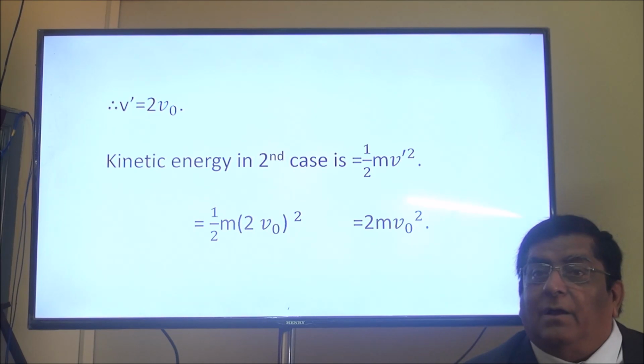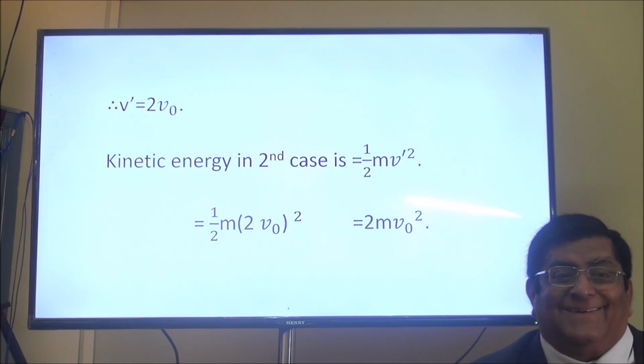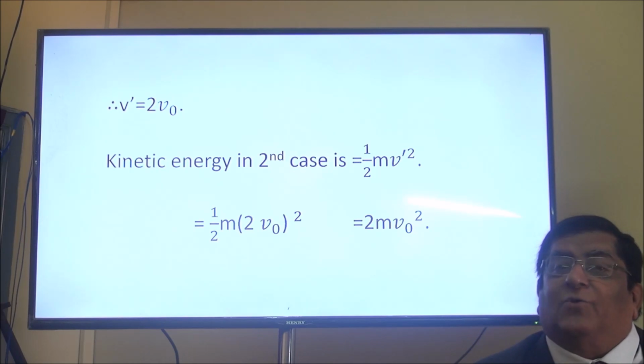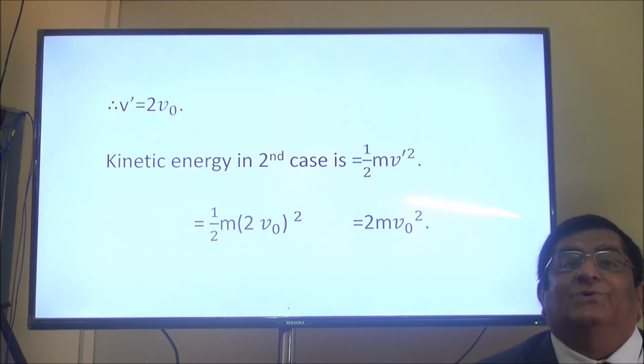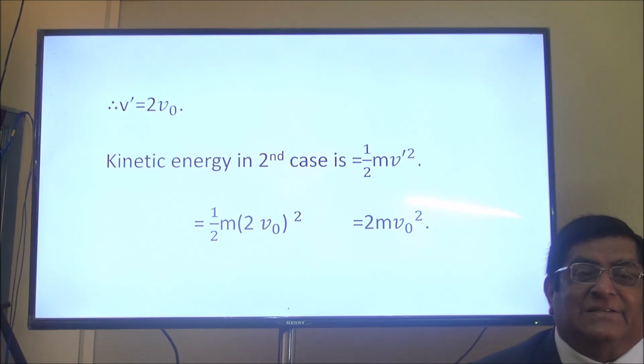Okay. Pardon? 4 times? What was it initially? Half mv square. Now it is 2 mv square. So it has increased 4 times. Remember? How many times is r reduced? 2 times. So this energy increases 4 times.